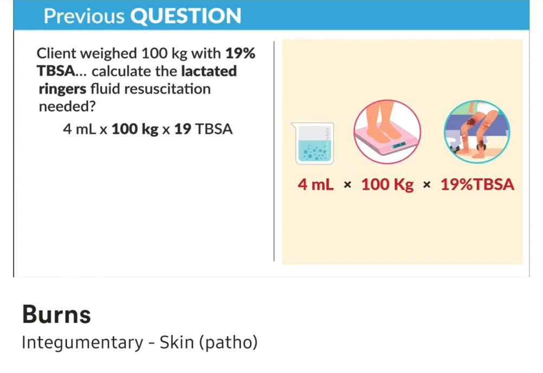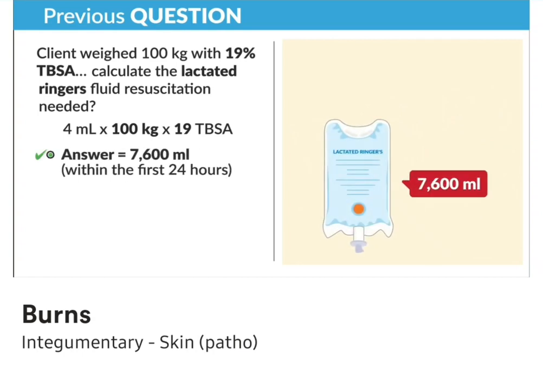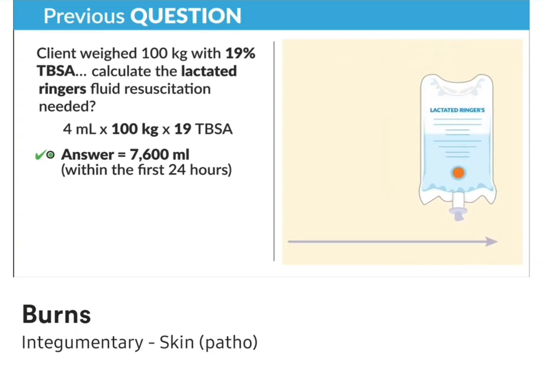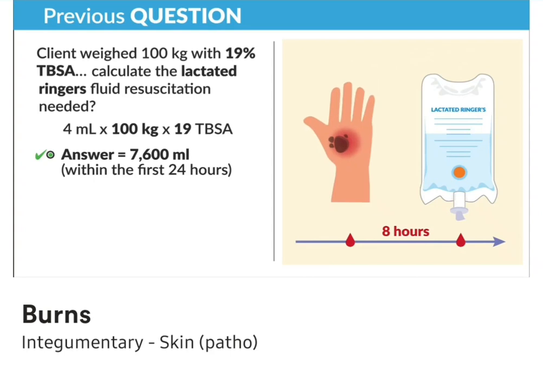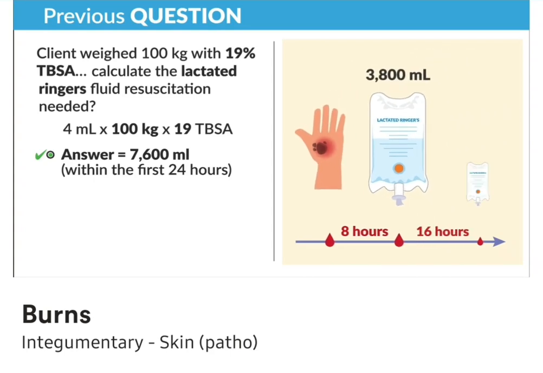You multiply them together, and the answer is 7,600 milliliters within the first 24 hours. Now, we give the first half of fluid in the first 8 hours of the incident, so around 3,800 mLs, and the remaining fluid we deliver over the next 16 hours, another 3,800 mLs.